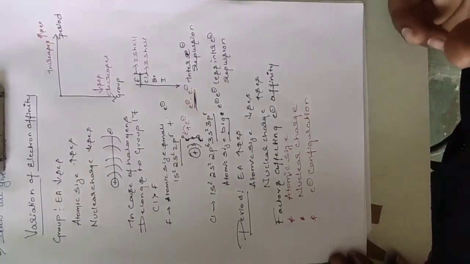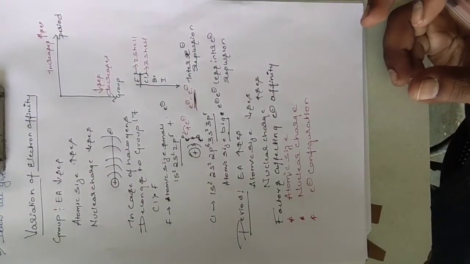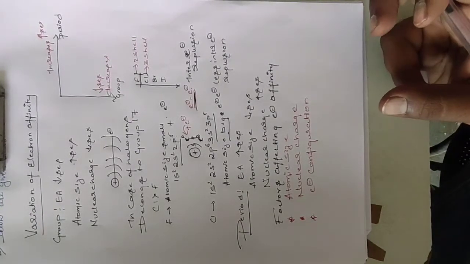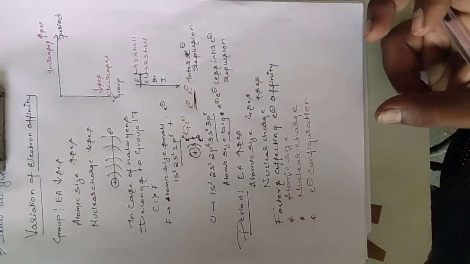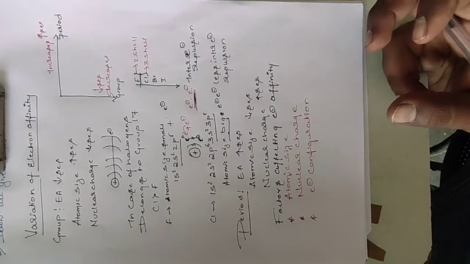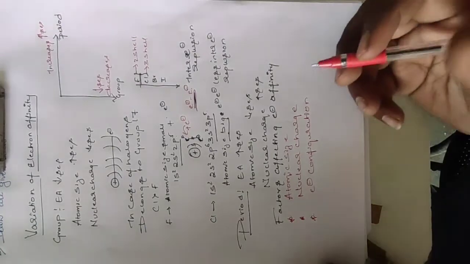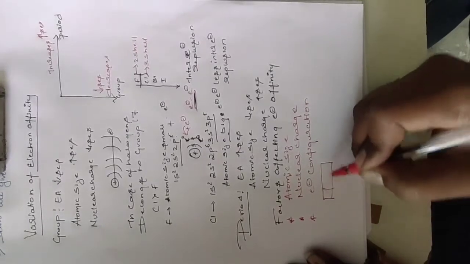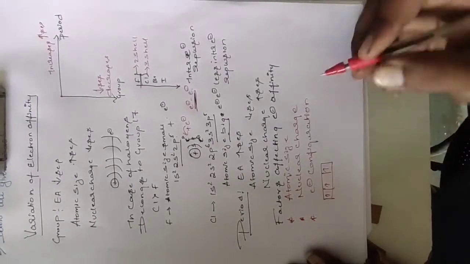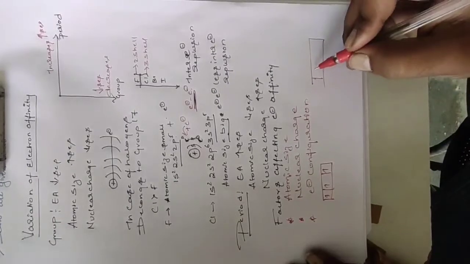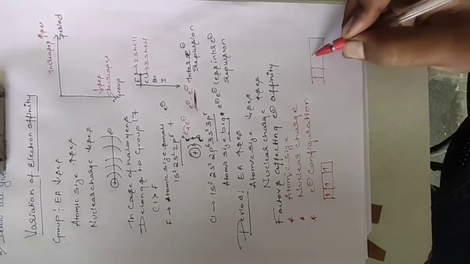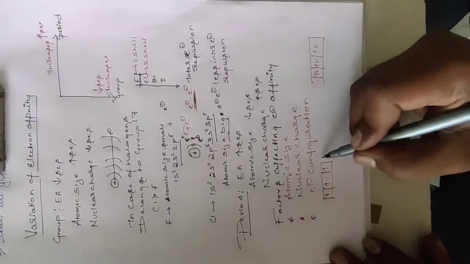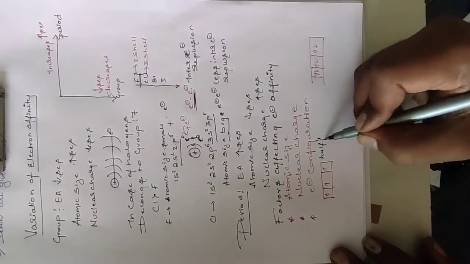How can you tell that electronic configuration will affect the electron affinity? The atoms which have completely filled configurations and half filled configurations, they have electron affinity equal to 0. For example, in the p orbital, if it is half filled, or noble gases, completely filled.